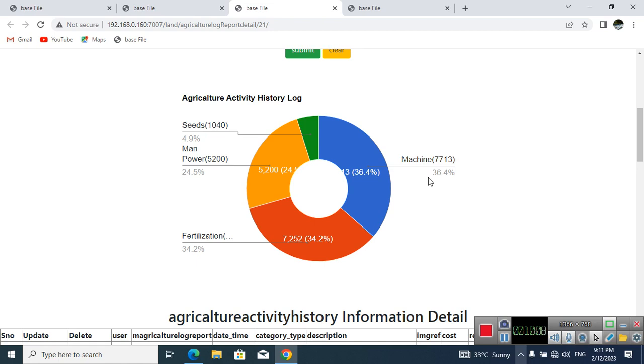We sell to the consumer. Finally, it will be as per the market rate. Finally, in the agriculture-related application, will the farmer be a loser or a winner?